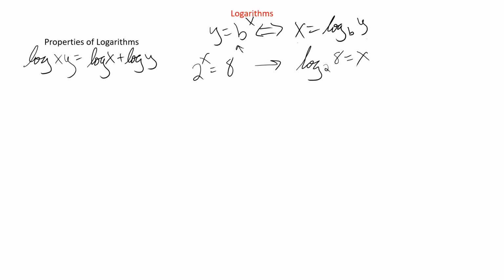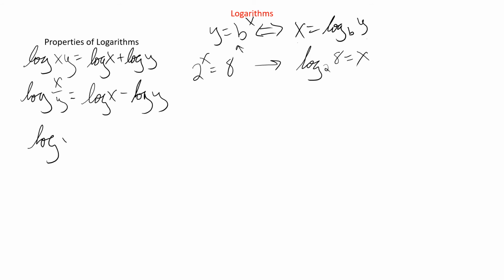Quotient rule, kind of same idea. Log of x over y. Well, if we added when we multiplied, we're going to subtract when we divide. And a power rule, log of x to the y.